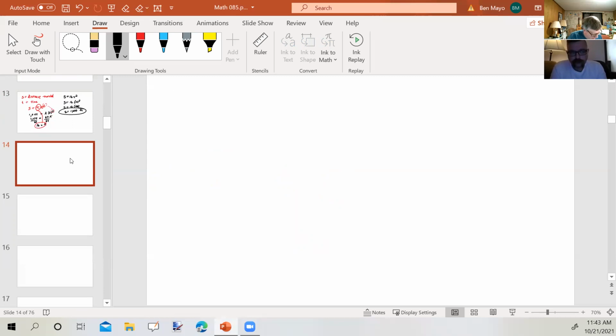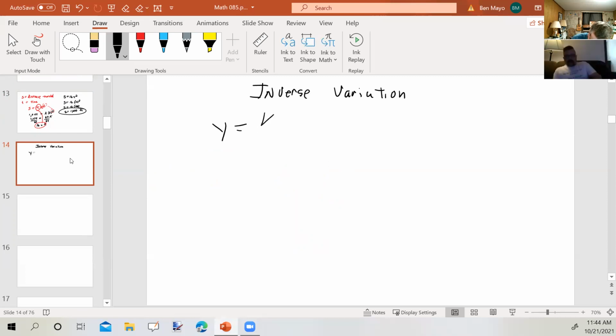The second variation formula is called inverse variation. In general, it looks like this: y equals k divided by x.